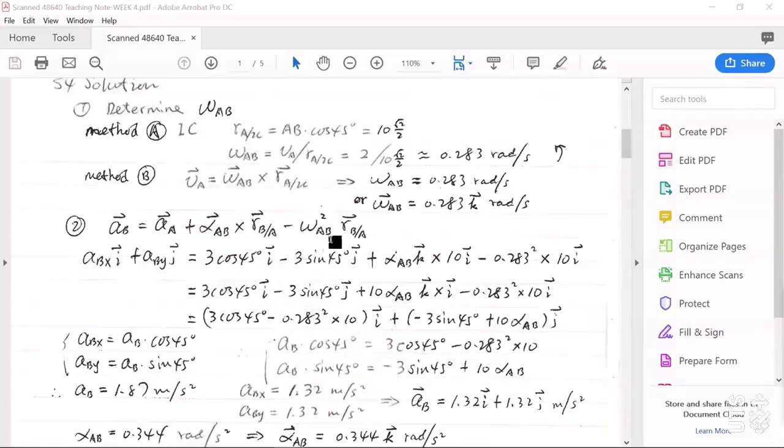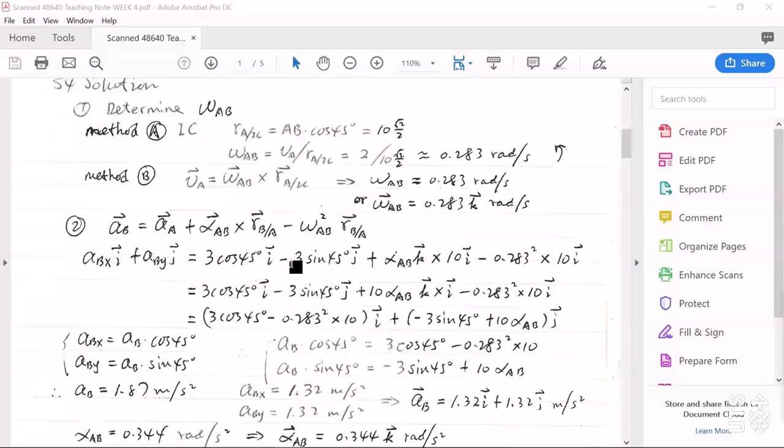After getting angular velocity omega AB, we can substitute it into the equation of relative motion analysis of acceleration. Using this equation, on the left side, we express aB using aBx and aBy.